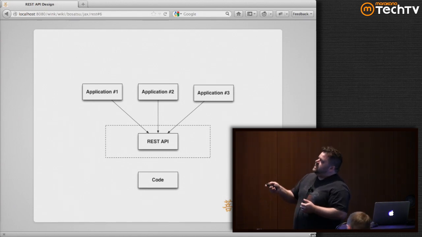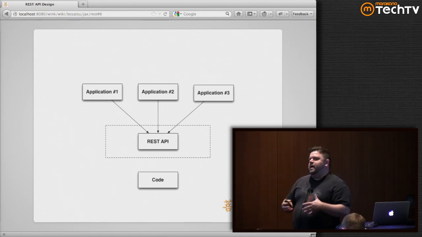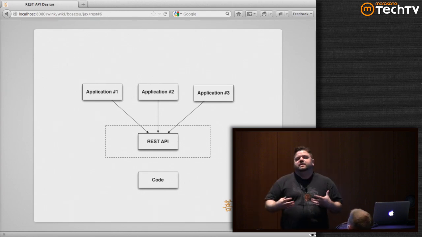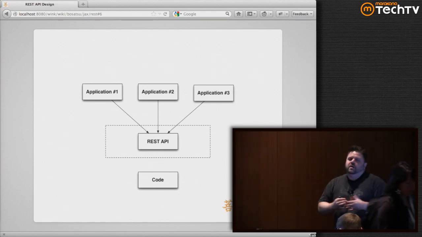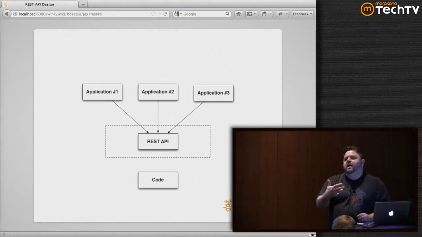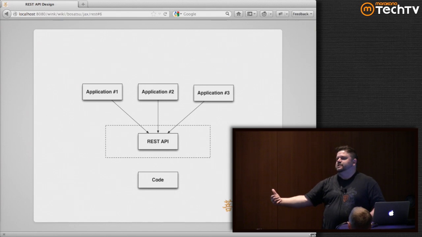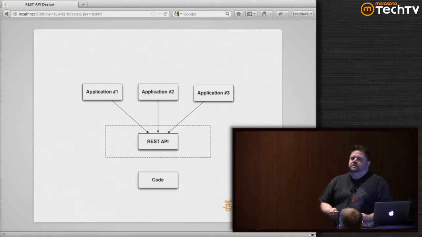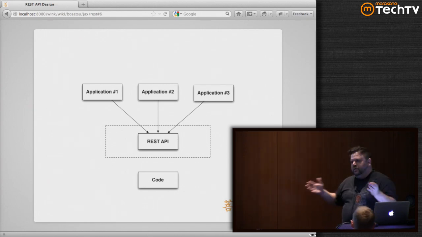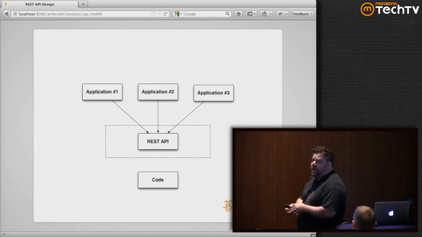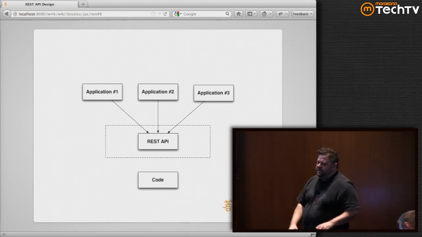A properly designed REST API, whether you're using XML or JSON or some other representation form, is largely independent of the implementation that you use to produce it. If you do it well, you should be able to take the same API and move it to another implementation, and clients shouldn't know the difference. Just like if your web page shifts from Apache to Tomcat to WebSphere to whatever, your clients, the browsers, don't care. They're not broken when this happens.